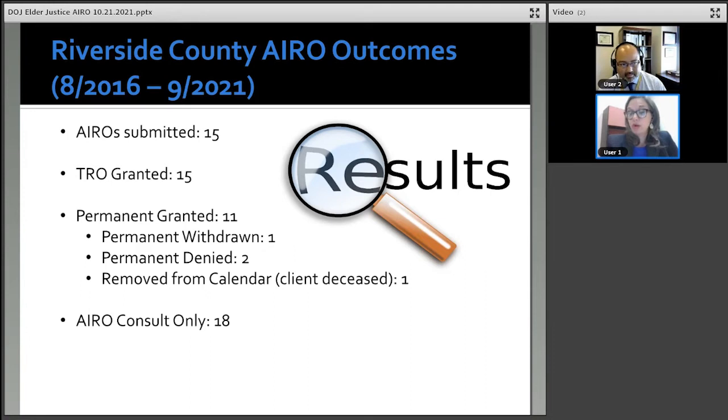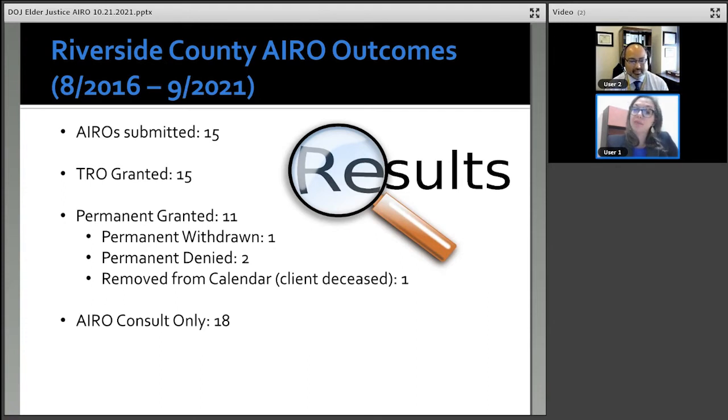We actually withdrew one ourselves because we were able to have other protective measures put in place, and we no longer felt the permanent restraining order was necessary. And then we had 2 that were denied. I think it was with those 2 that went to trial. But basically, the court in the end found that we didn't have sufficient evidence. We didn't meet our burden of proof, right, to really justify that permanent restraining order.